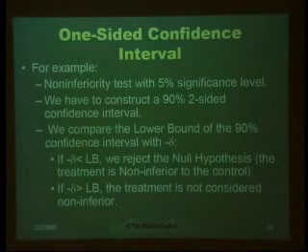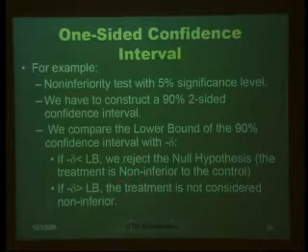So let's see an example. Assume that I want to test a non-inferiority hypothesis with 5% significance level. I will have to construct a 90% two-sided confidence interval. So if I want a 5% significance level, my confidence interval must have a confidence coefficient of 90% and not 95% as usual.